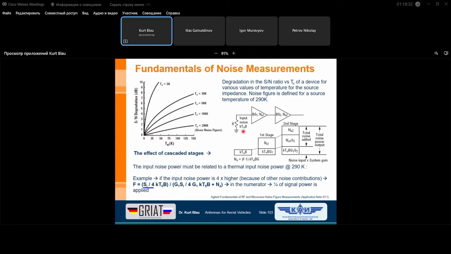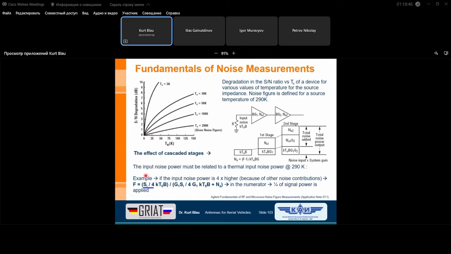And what happens if the environmental temperature is higher? Let's make the thermal input noise power 4 times higher than the signal power.